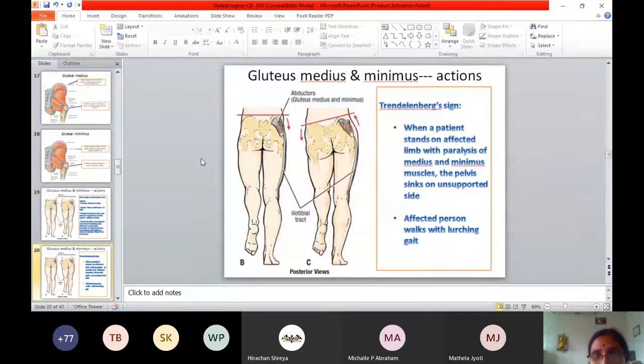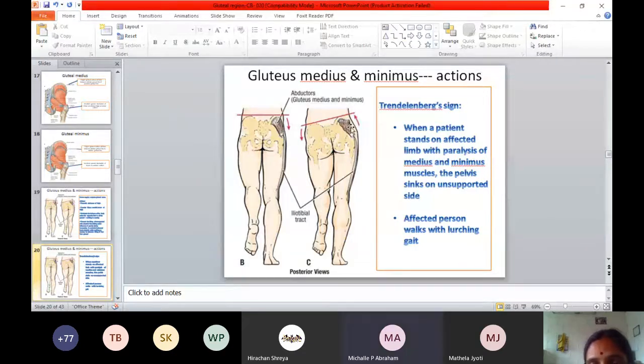Then what is the clinical relevance of medius and minimus? You can see in this picture, on the right side, these muscles. Can you see this, all of you? Here you can see this muscle is paralyzed.